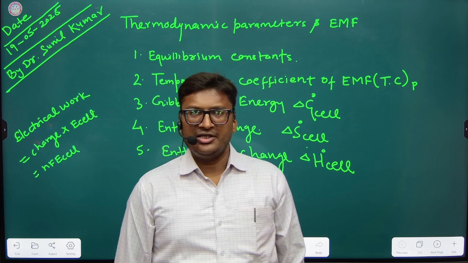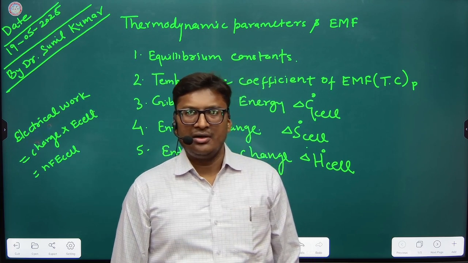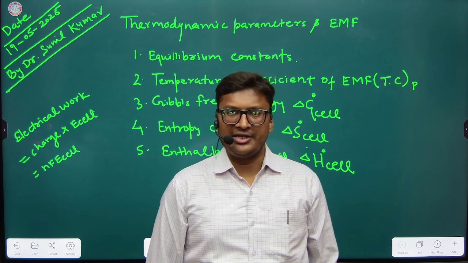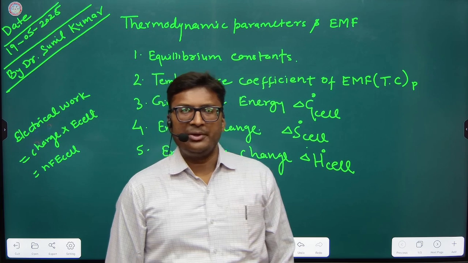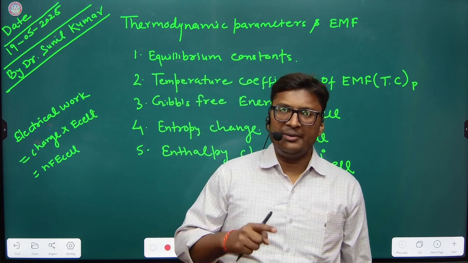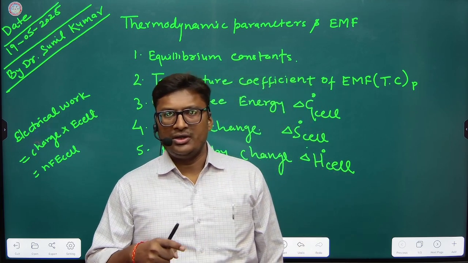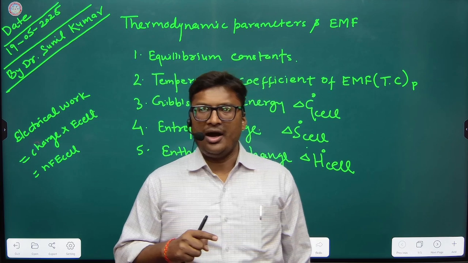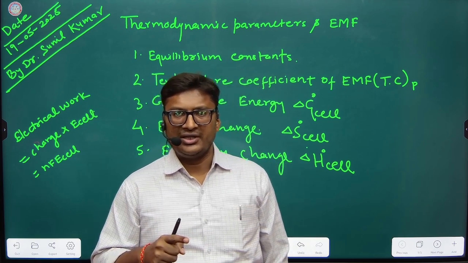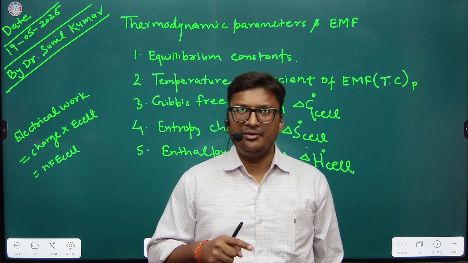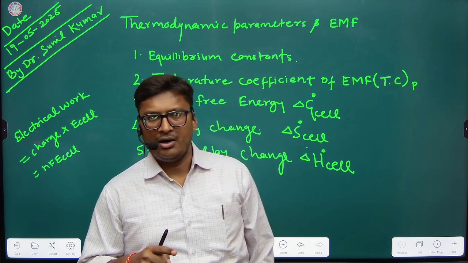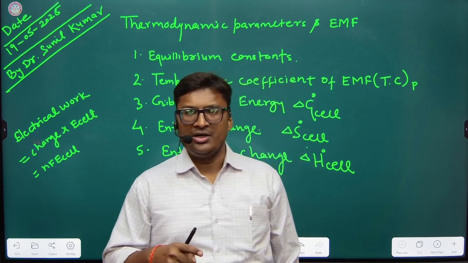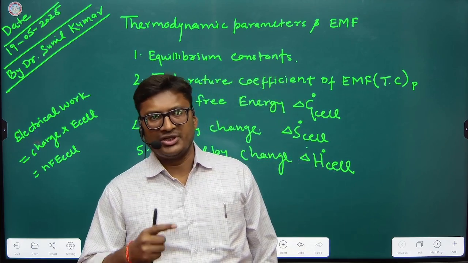Today's lecture is focused on thermodynamic parameters and electromotive force of electrochemical cell. Right? So in the previous lecture, we have studied the reaction mechanism of electrochemical cell and electromotive force, that is EMF of a cell, with the help of the most important fundamental equation that is well known, and it is the Nernst equation, right?